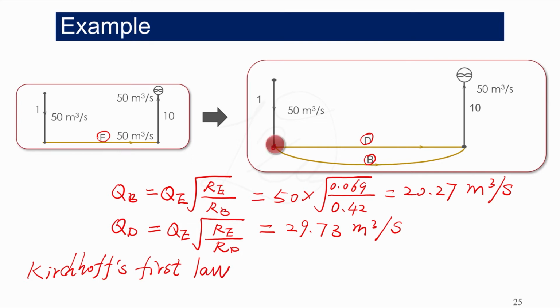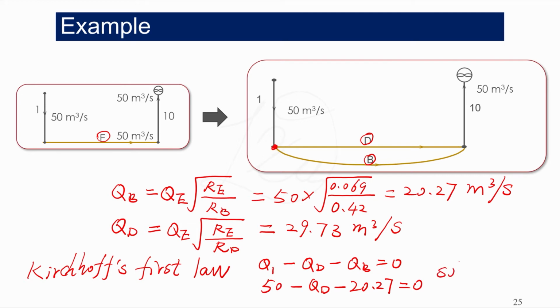If we look at this node, Q1 flows into the node, minus QD minus QB equals 0, because the flows in airways D and B are leaving from the node. Q1 is 50, minus QD, minus QB, which is 20.27, equals 0. We solve for QD, and we get the same value.